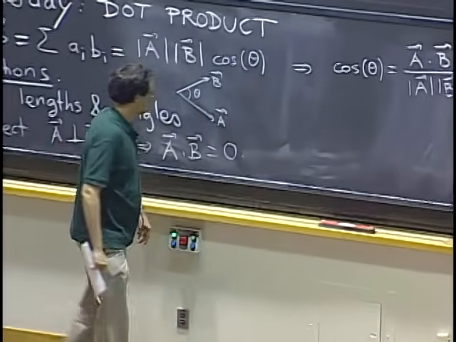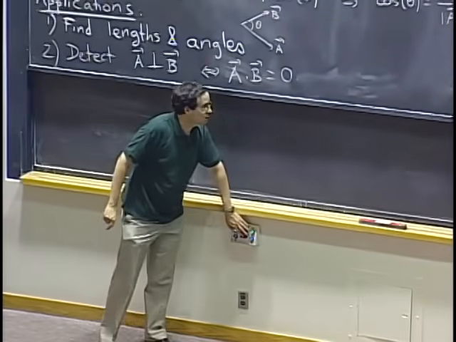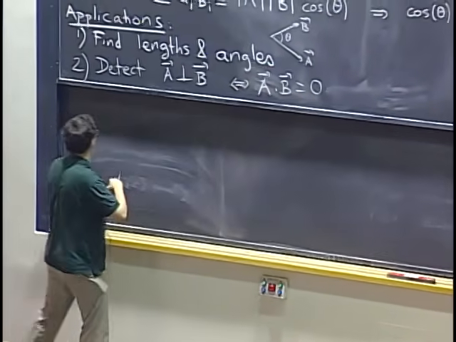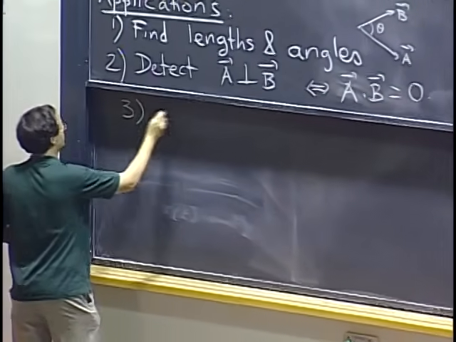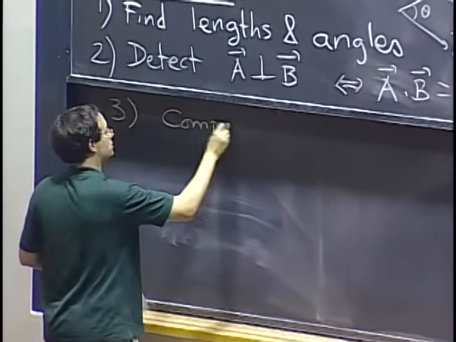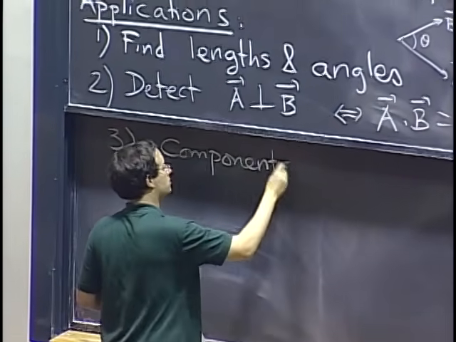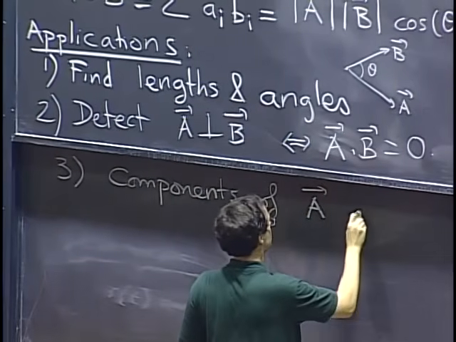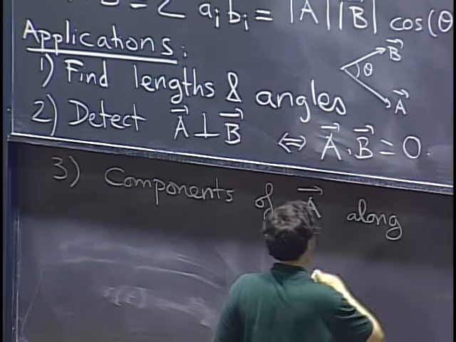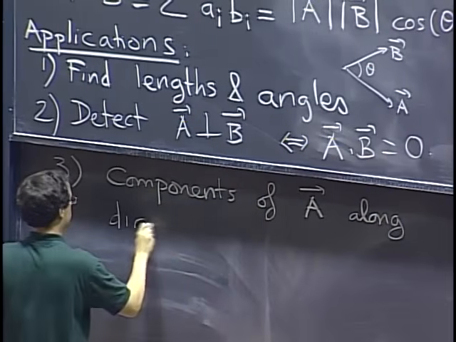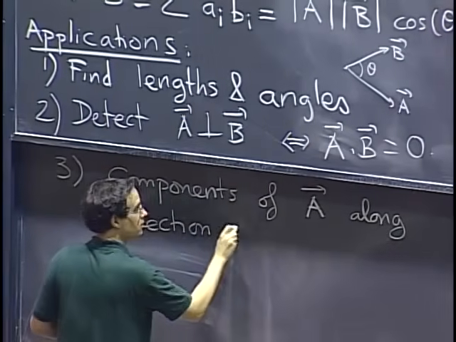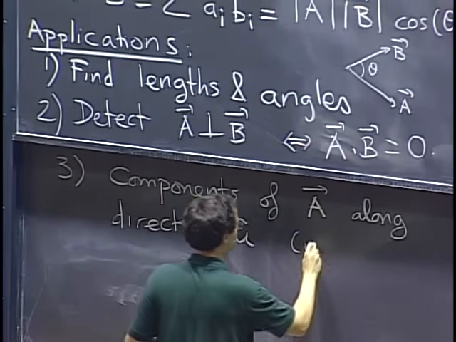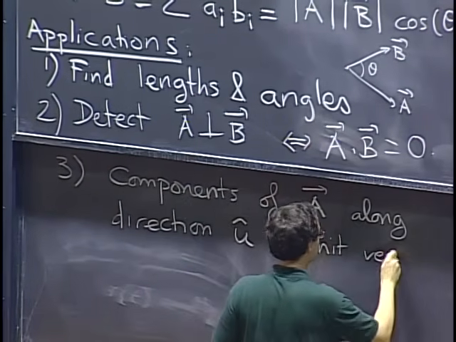Okay. One third application that we didn't have time to discuss yesterday, but I will mention very quickly, is to find the component of a vector A along a direction U, some unit vector. Let me explain.